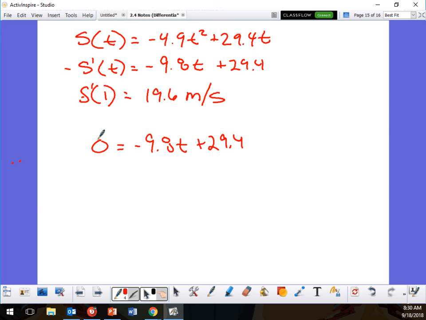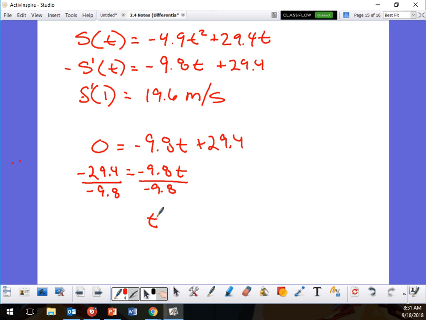I have to set the derivative equal to 0, and that's going to tell me the time. What should I start by doing? Basic algebra. So negative 29.4 equals negative 9.8 t. Then I have to get t by itself, so divide by negative 9.8.